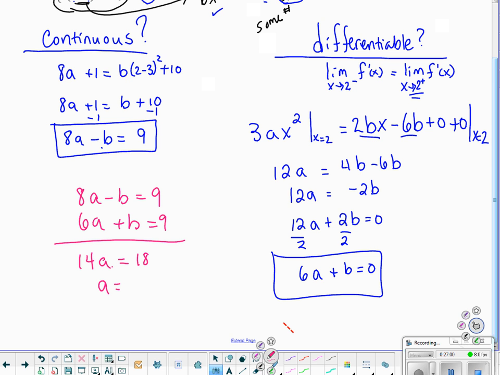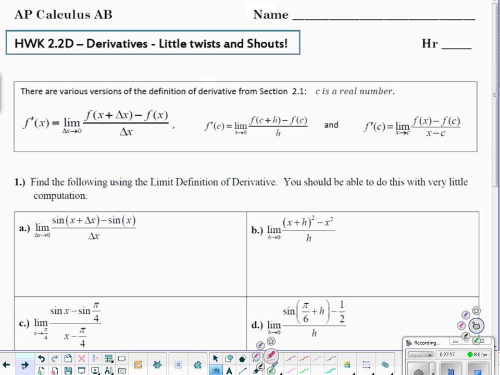Therefore, a equals 18 fourteenths, which is 9 sevenths. Cool. A equals 9 sevenths. B can be found very easily. I would just take it back over and solve out for b. And I'm going to not do that just because of time.